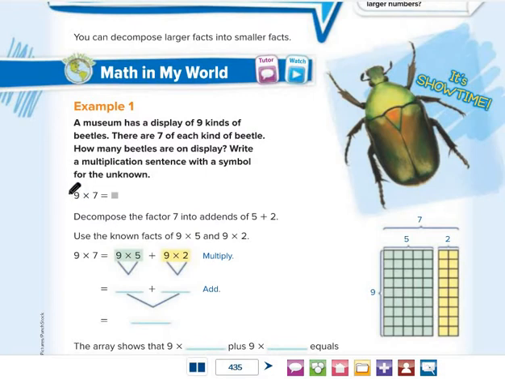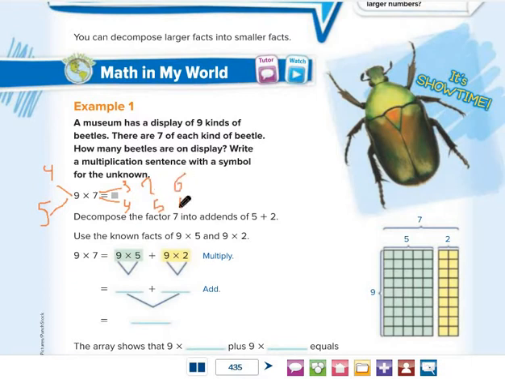We can decompose number 9 into any two addends that make 9, like 4 and 5, 7 and 2, anything. And we can decompose number 7 into 3 and 4, 2 and 5, even 6 and 1.